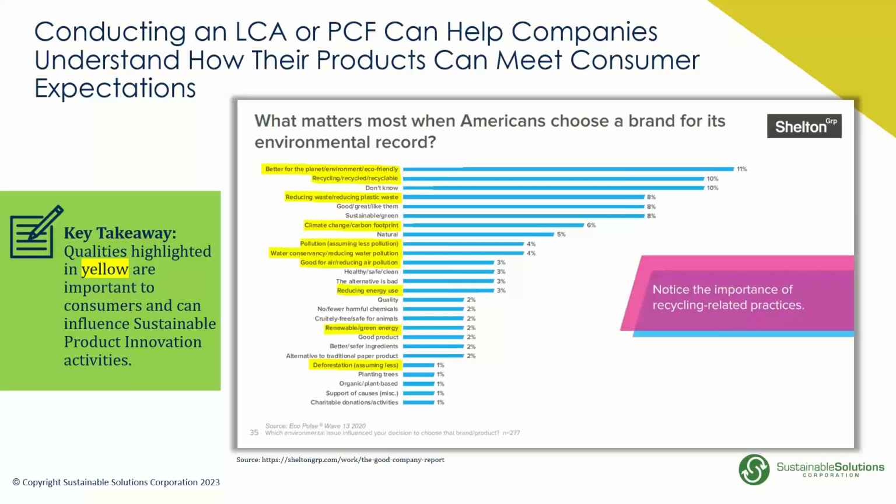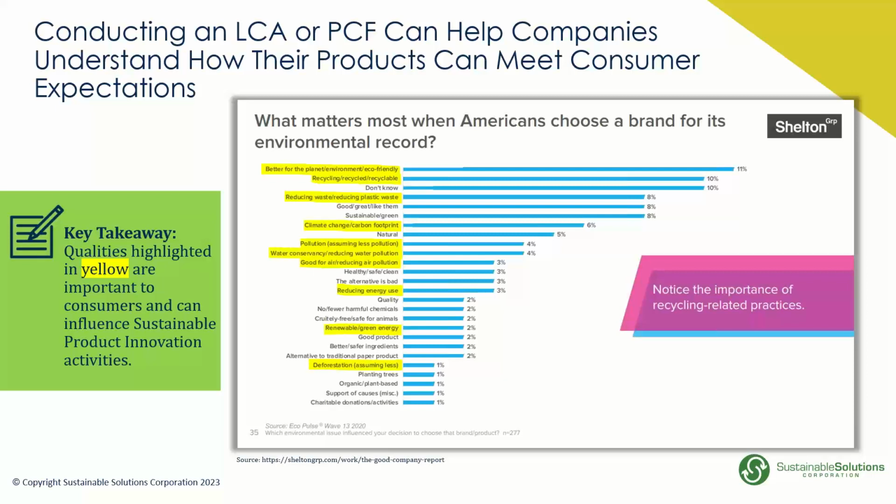And what you can see here is many people who are buying things, like all of us, we're looking for products that are better for the planet or the environment, or have recycled content or are recyclable, or have reduced waste, or are reducing carbon footprint, or minimizing climate change, reducing energy use, etc. So the important thing to note here, which we're going to talk about in our Voice of Green exercise, is understanding what consumers, what our customers, are thinking about when we're trying to communicate to them on the things they want from our products.